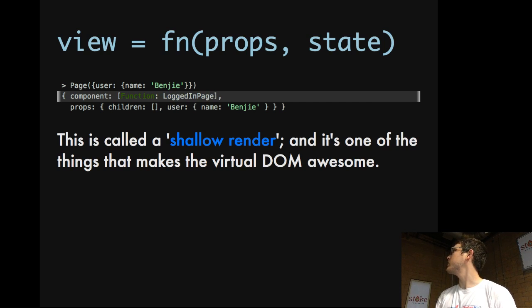And then it has this props key, which is an object with children, and then it has a user. And typically in these components, your props will usually have more than one thing, so it'll just be this object. It's really easy to introspect, and it's easy to pass those props onto other components as well. It's one of the things that makes a virtual DOM awesome.